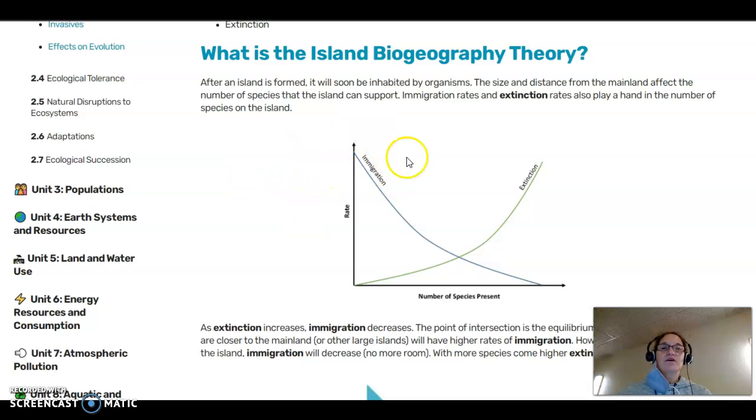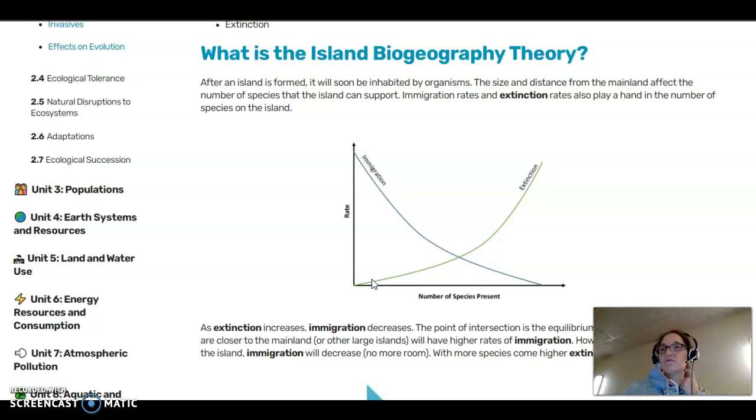As you see over on this side, starting off with number of species present, when there are few species present, you're going to have more species able to move in just simply because there's space. And you're also going to have very little extinction. But as more species start to populate an area, immigration is going to move down because you're going to have things like competition, and resource availability will change.